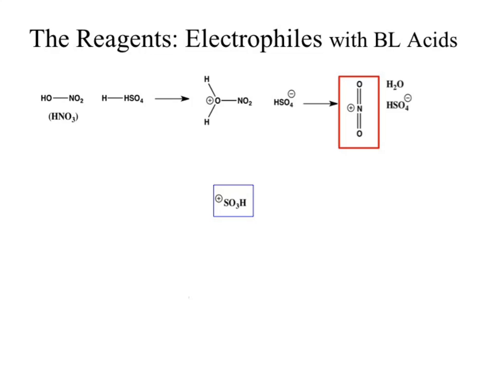Next one, we can put on, I'm not even sure what to call this one, sulfonium ion. How could we possibly make this one? SO3H looks an awful lot like, maybe if we took, we had those take the electrons.